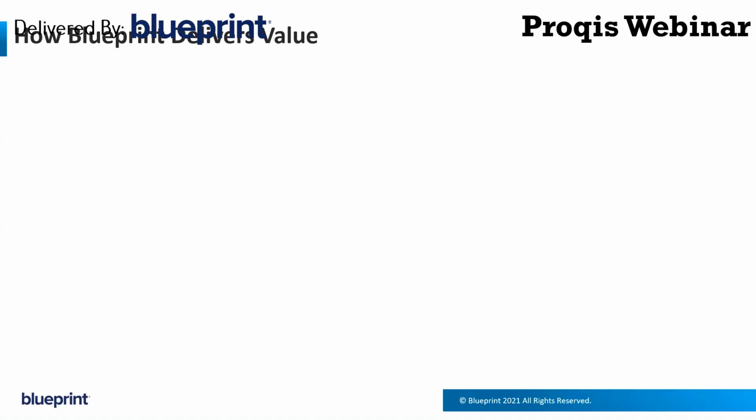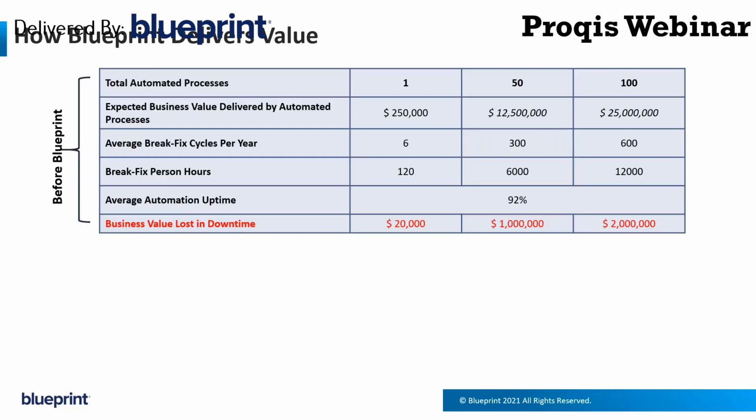Now, here's another visualization of Blueprint's impact on RPA's total cost of ownership and maximizing ROI. Let's use a conservative estimate that assumes each automated process is supposed to deliver $250,000 in business value. Without Blueprint, bot outages and the effort needed to fix them can cause RPA maintenance and support costs to skyrocket.